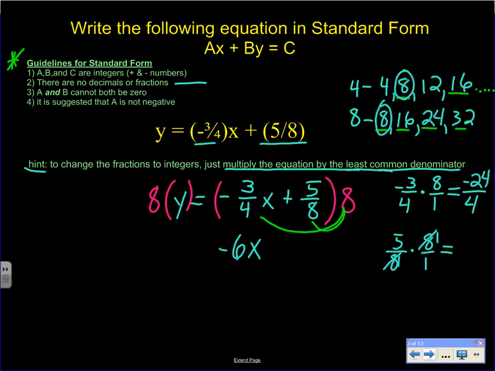And so now we multiply straight across. 5 times 1 is 5, and 1 times 1 on the bottom is going to be 1. And we know that 5 over 1 is 5. On the left side of the equation, 8 times y is 8y. And so if we look here, we've gotten rid of all the fractions.